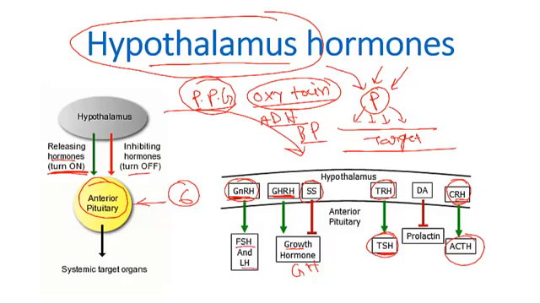And DA is dopamine. Actually, prolactin synthesis is controlled by many different hormones, but here dopamine acts as the prolactin inhibiting factor, and it prevents the production or secretion of prolactin. And the corticotropin releasing hormone, CRH, influences the release of ACTH from the pituitary gland.